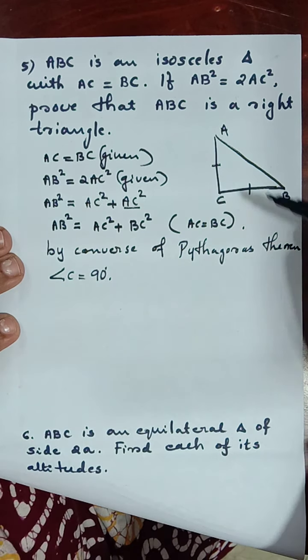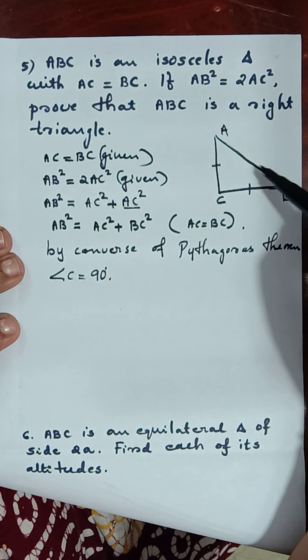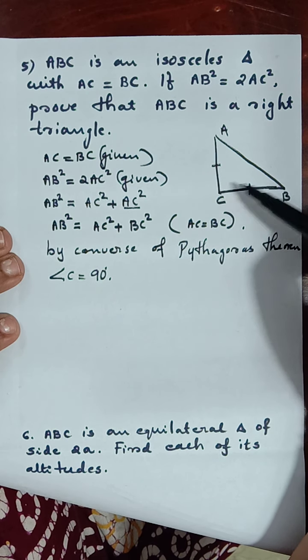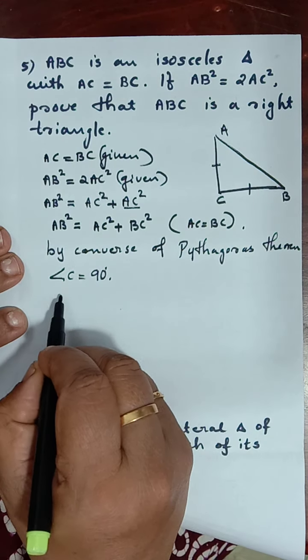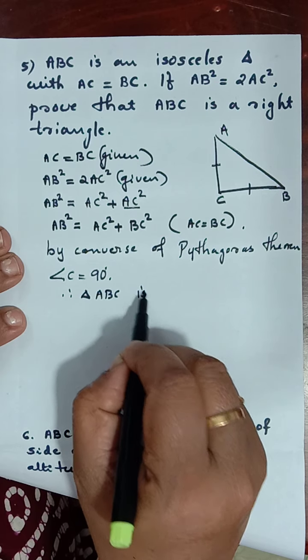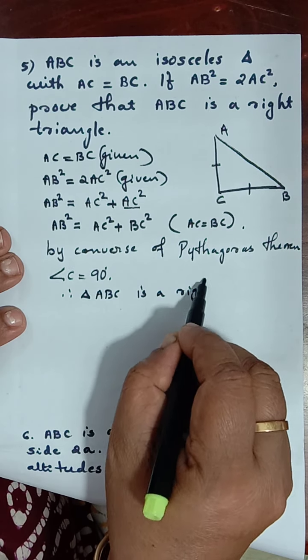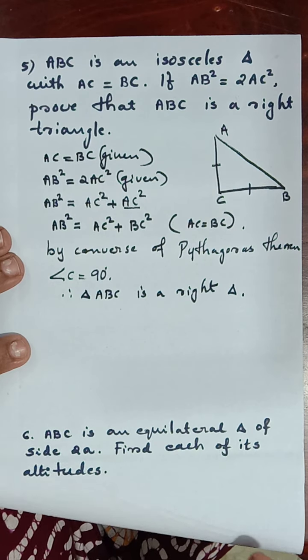That is angle opposite to the first side, AB square. AB square is equal to AC square plus BC square, means angle opposite to the first side is 90 degree. That is how we have proved. Therefore, triangle ABC is a right triangle. This is how we have to prove.